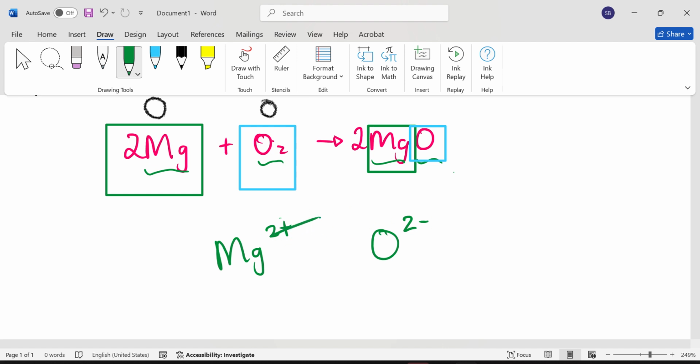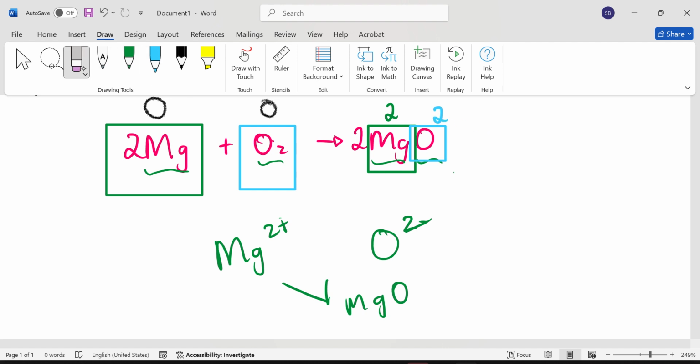They cancel each other out, and you result in magnesium oxide. So in magnesium oxide, the oxidation number of magnesium is 2, because of that 2 plus charge. That 2 plus charge gives us the oxidation number. We're going to get into more detail on oxidation numbers very soon. And with oxygen, since it's O2 minus, the oxidation number of oxygen in magnesium oxide is 2.